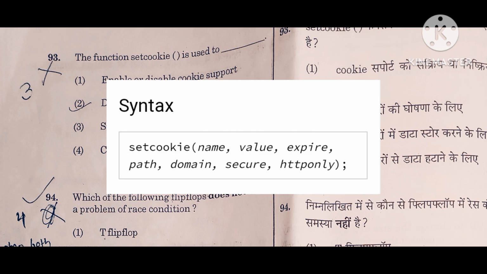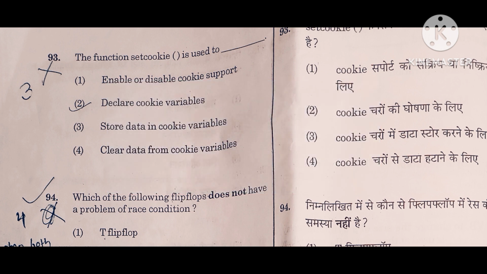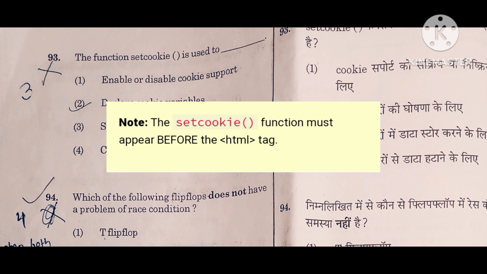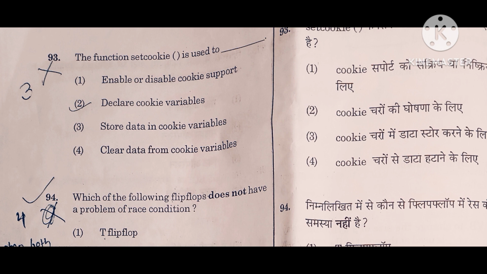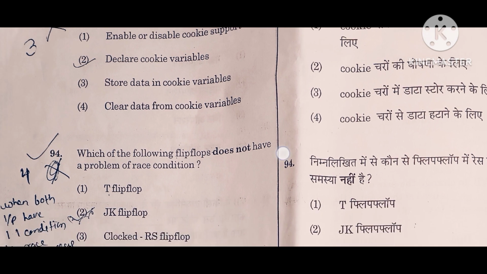It includes parameters like name, value, expire, path, domain, secure, HTTP only. Set cookie function must appear before the HTML tag. Okay, so here the option 3 is correct. Now let's move to the next question.